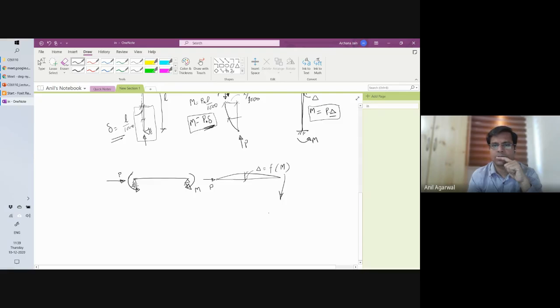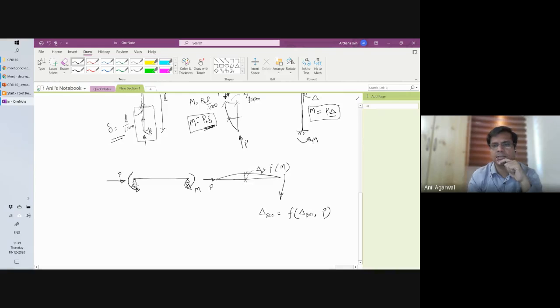But if you go subsequently, then the additional deflection will come in, which is known as secondary deflection. That will be a function of delta primary and also P. Correct? Makes sense?